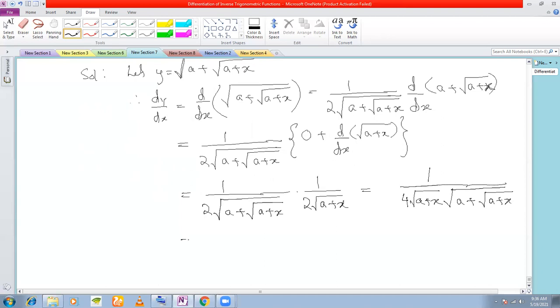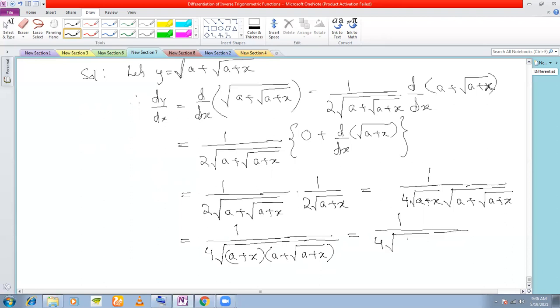Or better still, you can write this answer as 1 by 4 times. You can take a plus x inside the radical to get (a plus x) into (a plus root a plus x). Express it as a single radical. You get 1 by 4 root of (a into (a plus x) plus (a plus root a plus x) into (a plus x), which is (a plus x) to the power of 3 by 2), right?